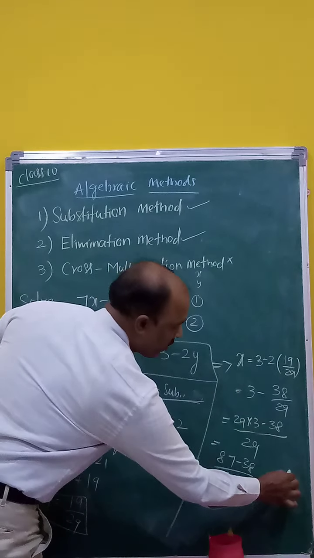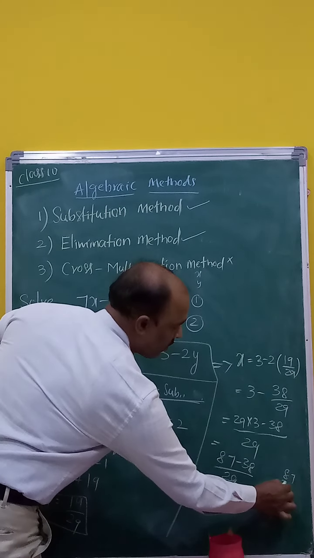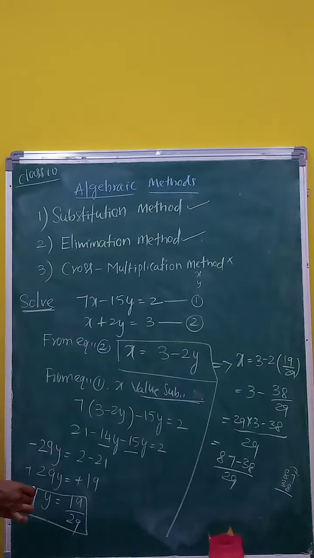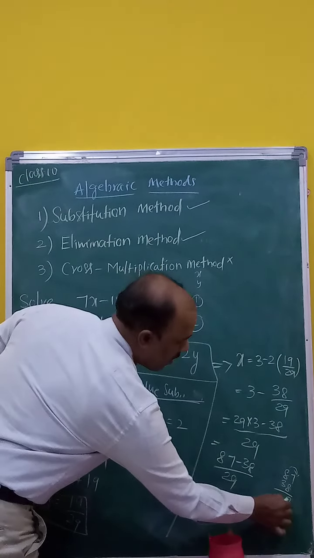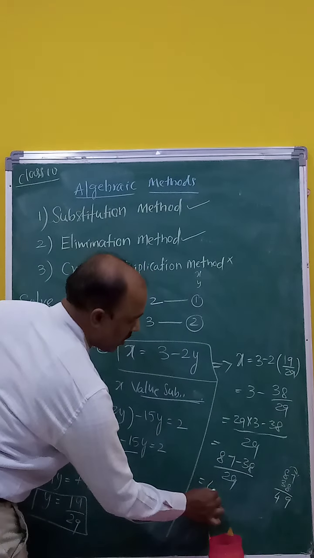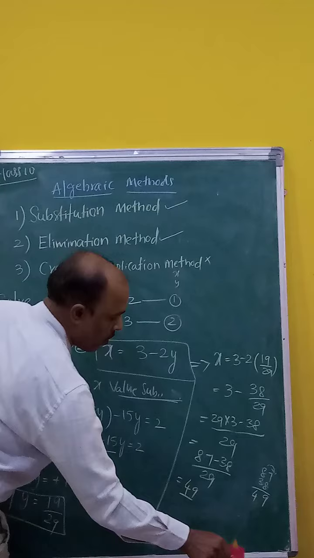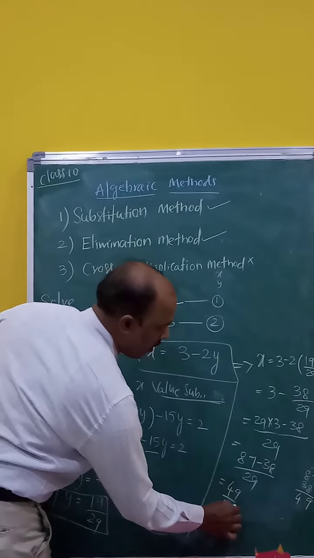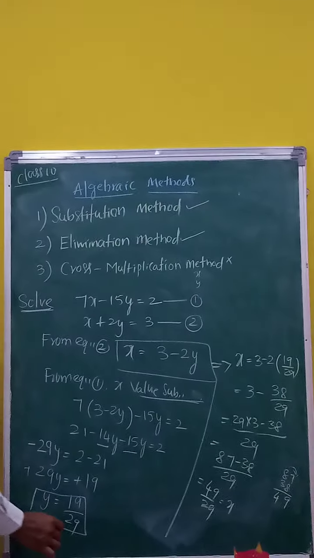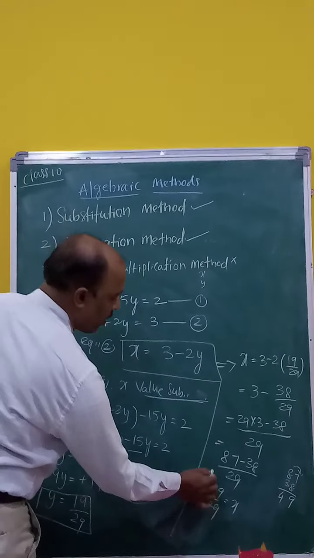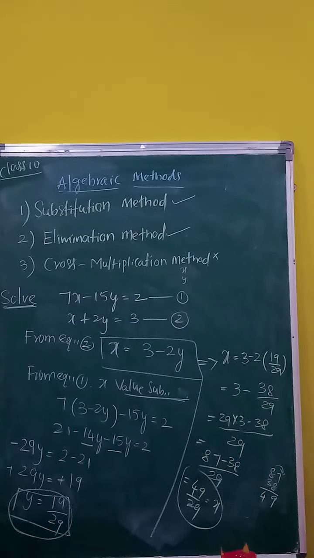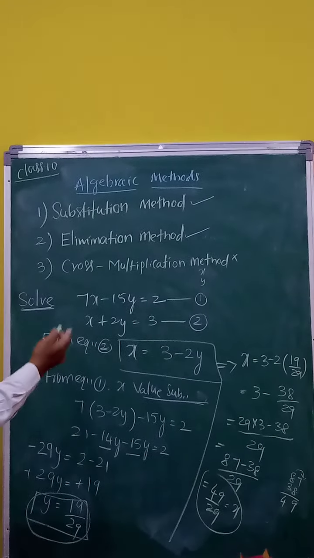Subtract these two: 87 minus 38 is 49. The answer is 49 by 29. Therefore x is 49 by 29 and y is 19 by 29. That is the solution for x and y.